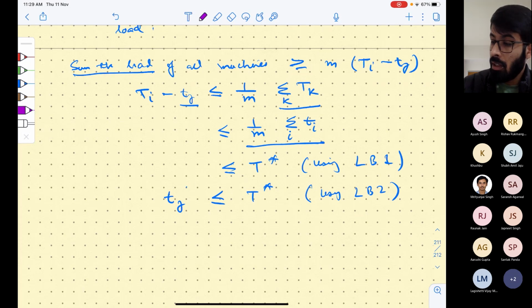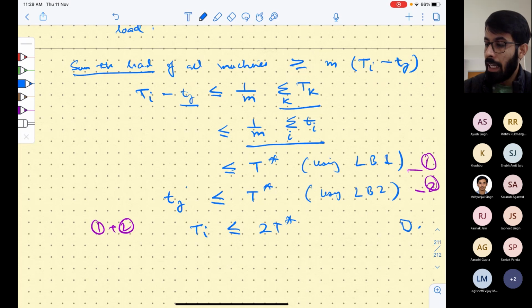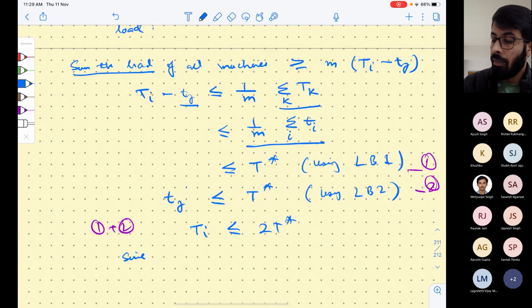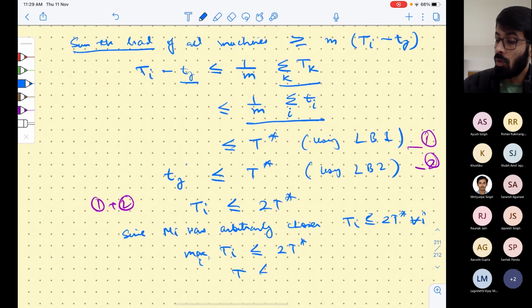Call this 1, call this 2, sum 1 plus 2, and you get that Ti is less than or equal to 2 T star. This is what we wanted. So Ti is less than or equal to 2 T star for all i, since Mi was arbitrarily chosen. And that means that the max over i of Ti is less than or equal to 2 T star. So T is less than or equal to 2 T star.